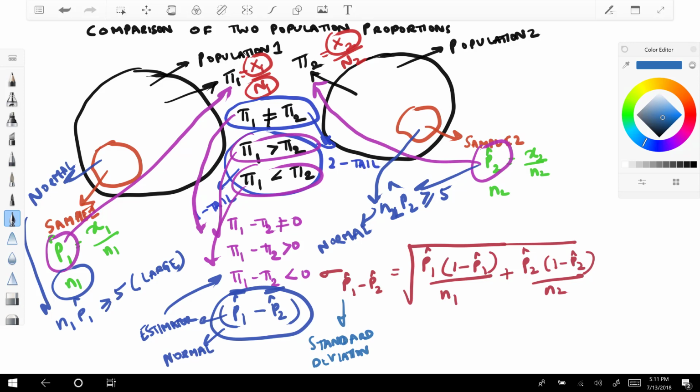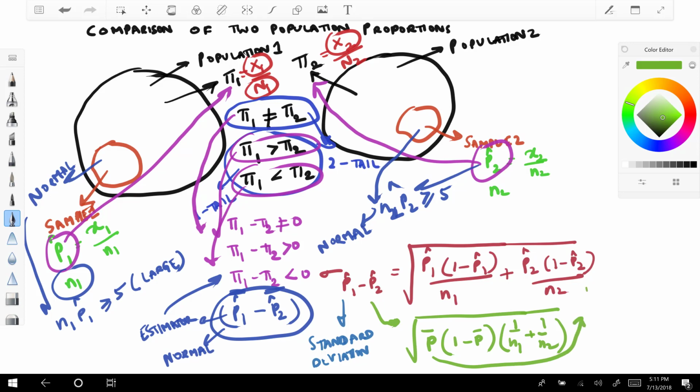So the standard deviation of the difference of the proportions can also be written as, we can use any one of these formulas, square root of P bar times 1 minus P bar times 1 by N1 plus 1 by N2, where P bar is given by x1 plus x2 divided by n1 plus n2.